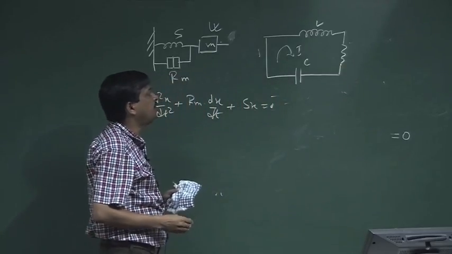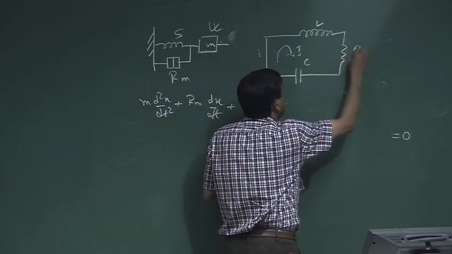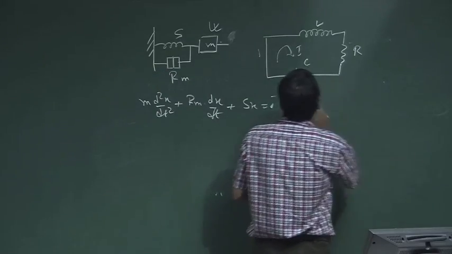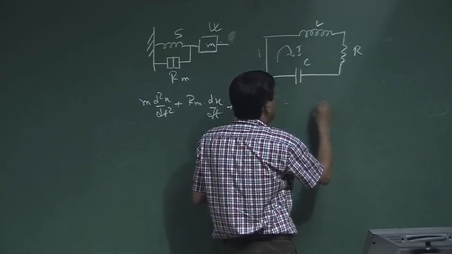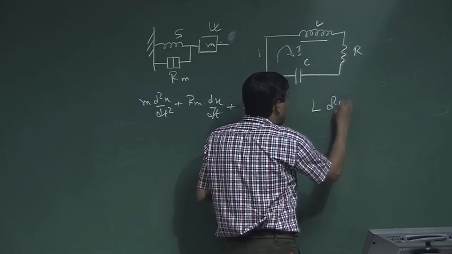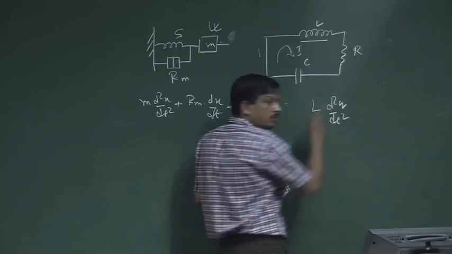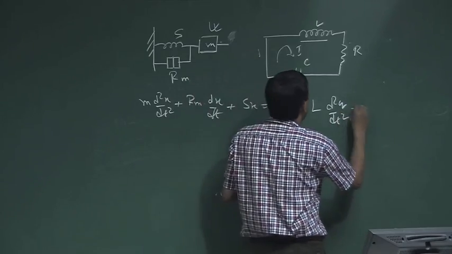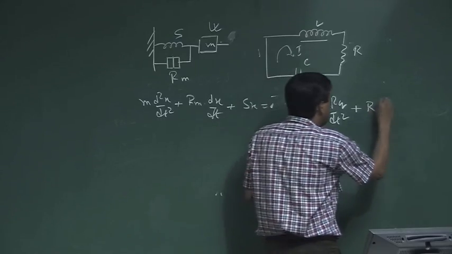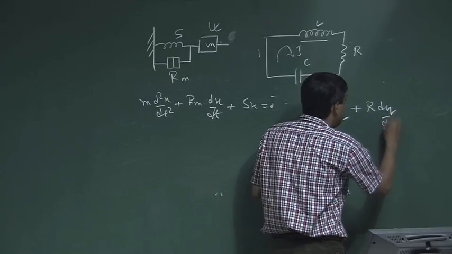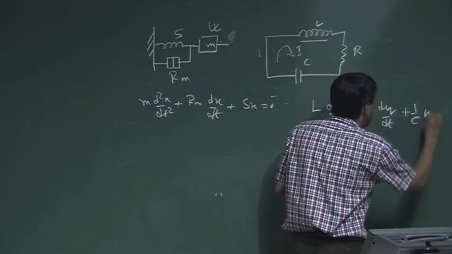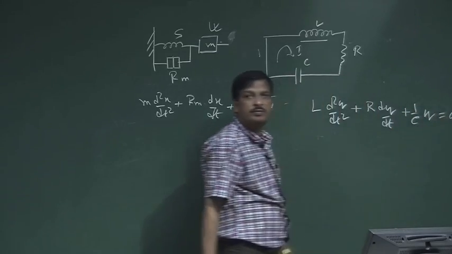Similarly, I add an electrical resistance R here. Then what is the equation of this electrical circuit? It is the voltage across the L, which is L d2q/dt2, as we have already proved, plus across the resistance R times I, meaning dq/dt, plus (1/C) times q is equal to 0.